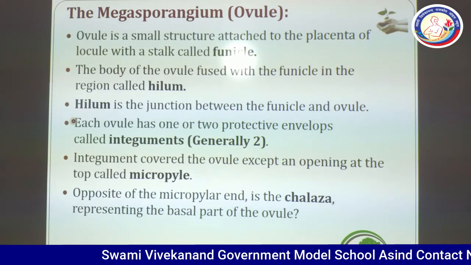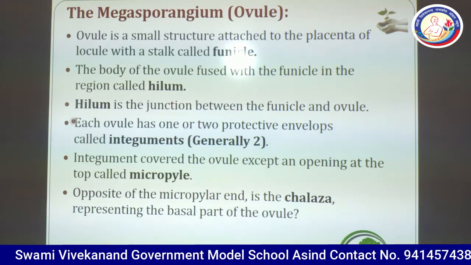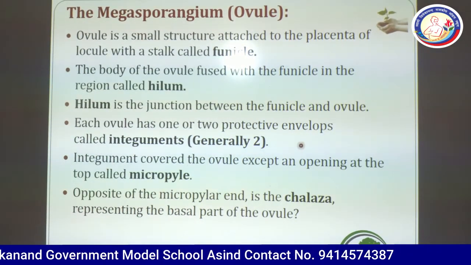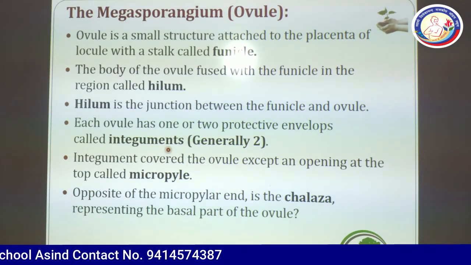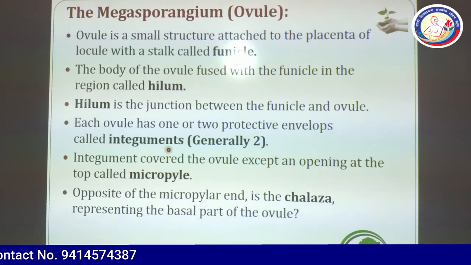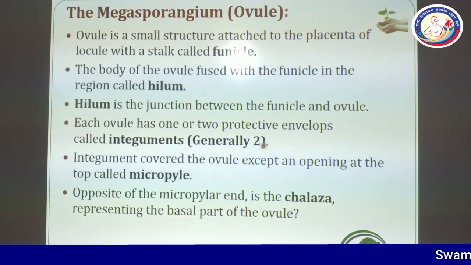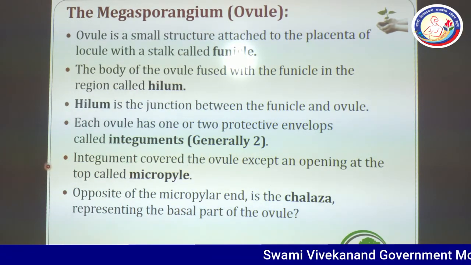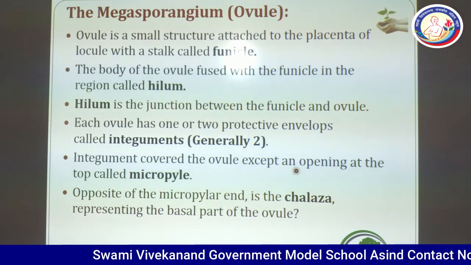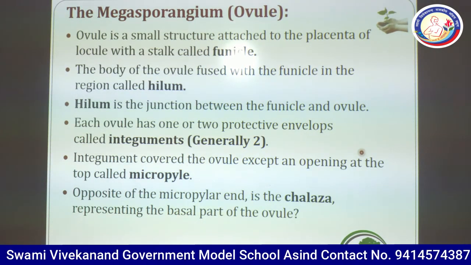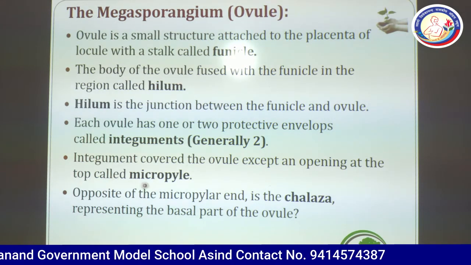Each ovule is covered by two protective envelopes, called integuments. In most plants, the number of integuments is two: outer integument and inner integument. The integuments cover the ovule except for an opening at the top called micropyle.